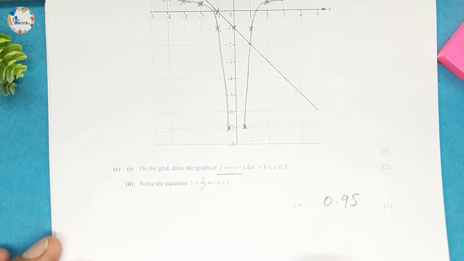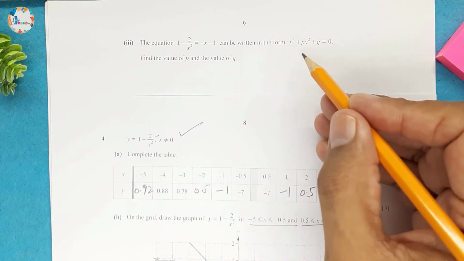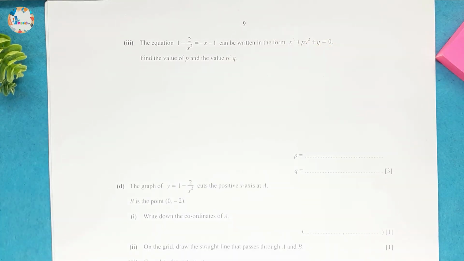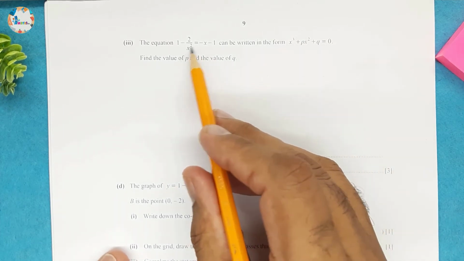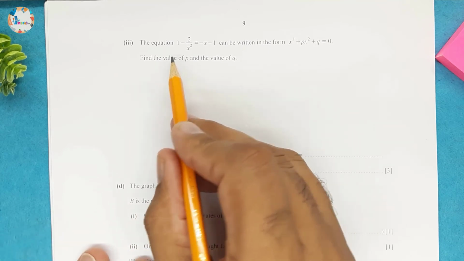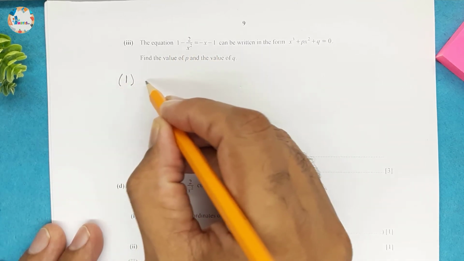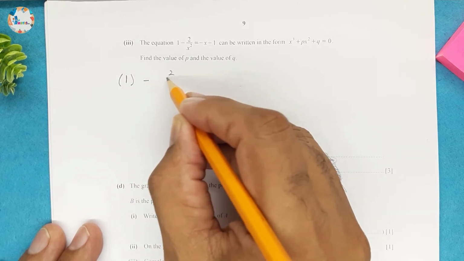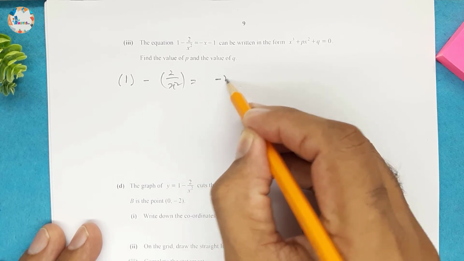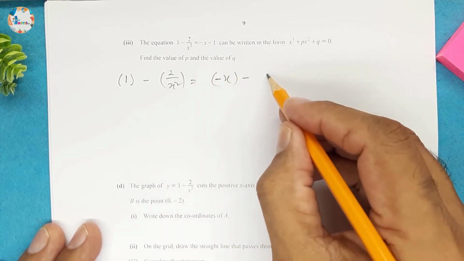You can see this. Now the equation can be written in this form, and that is basically the algebraic portion. So we can rewrite this. How can we rewrite this? We can just multiply everything by x squared. So 1 minus 2 over x squared, and minus x in brackets and minus 1 also in brackets.